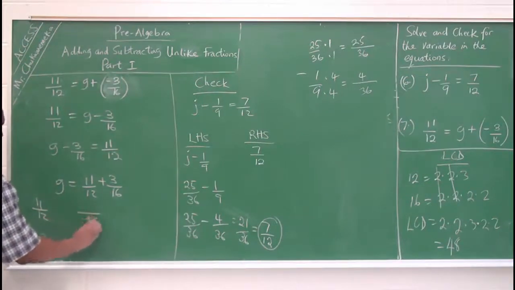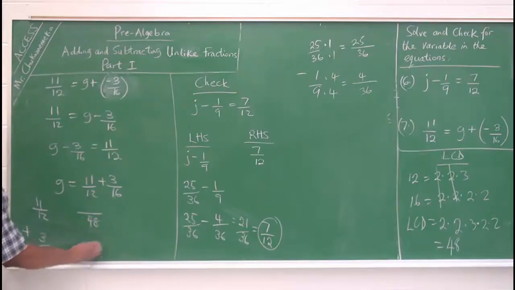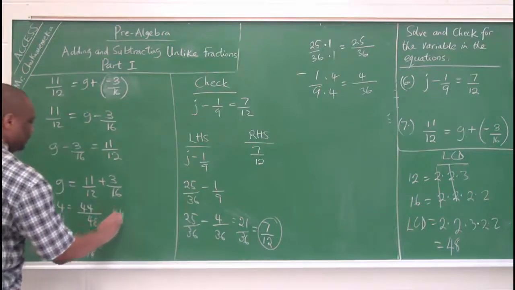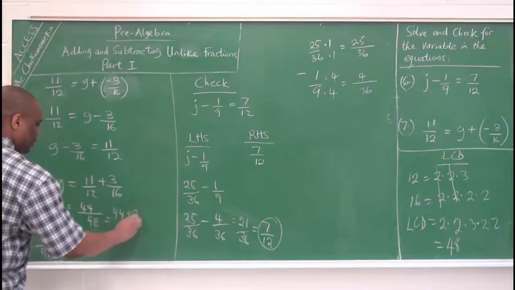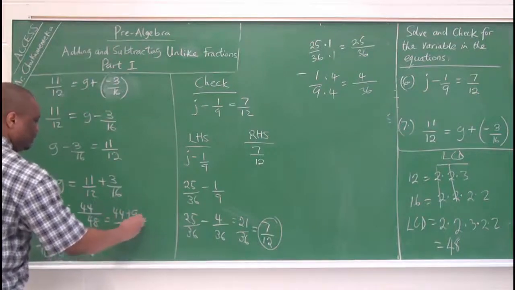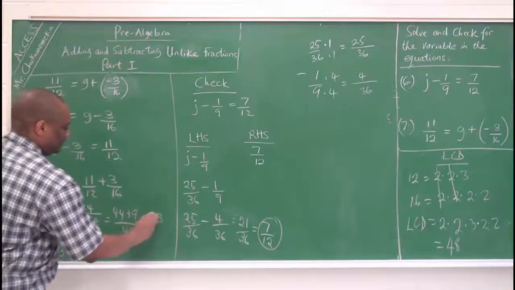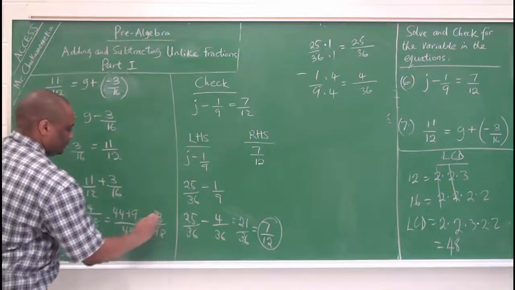LCD is 48 over 48. 12 times 4 is 48, so 11 times 4 will be 44. 16 times 3 will be 48, so 3 times 3 will be 9. So 44 plus 9 out of 48 will give us 53 over 48.